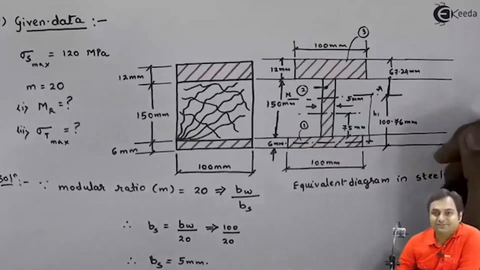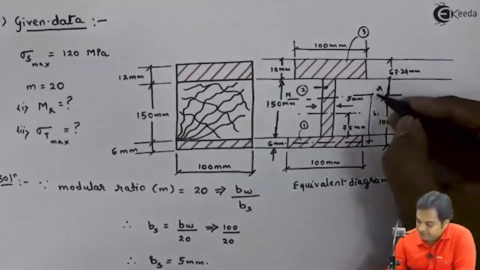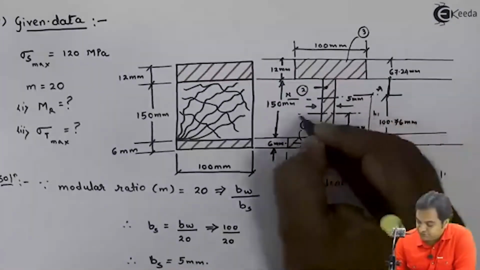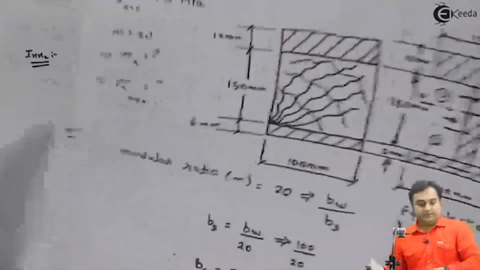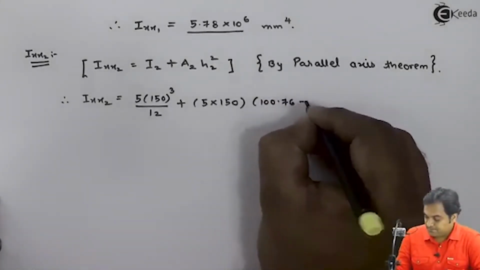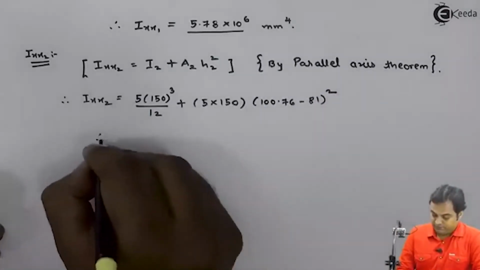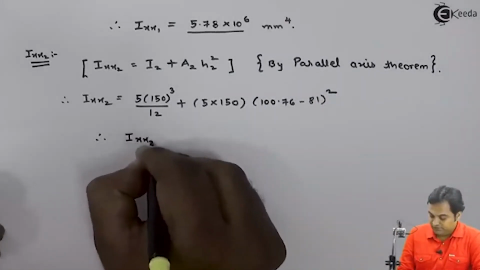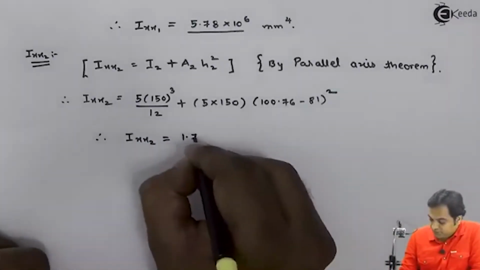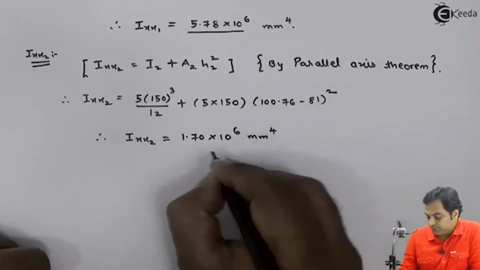I hope you all are getting this. That is 100.76 minus 81. That will give me the answer of H2, the distance between neutral axis and the axis of second rectangle. So it is 100.76 minus 81 whole square. Therefore, if I calculate all the values here, I would be getting my answer of Ixx2 as 1.70 into 10 raised to 6 mm raised to 4.